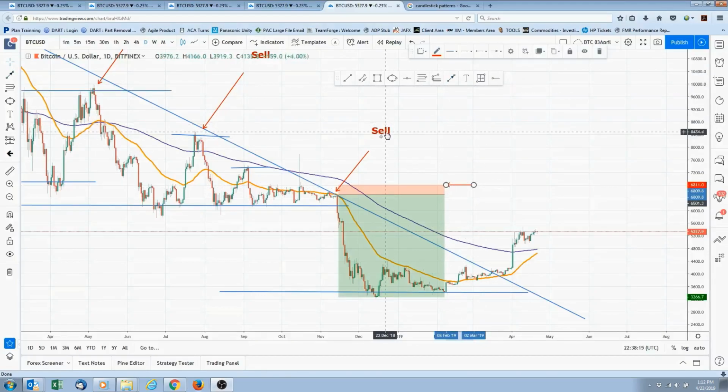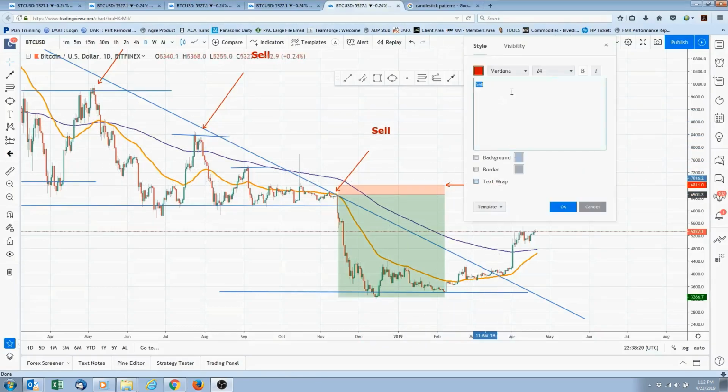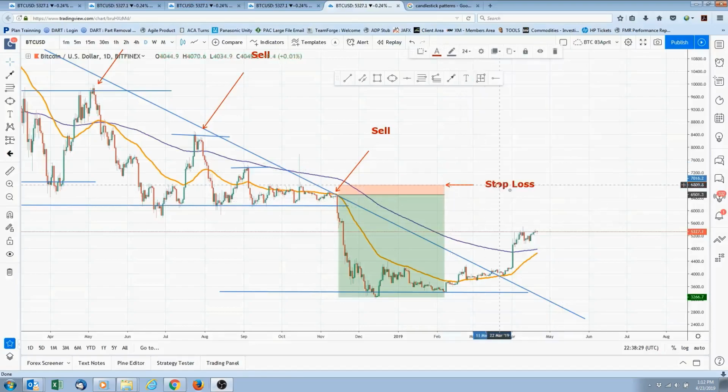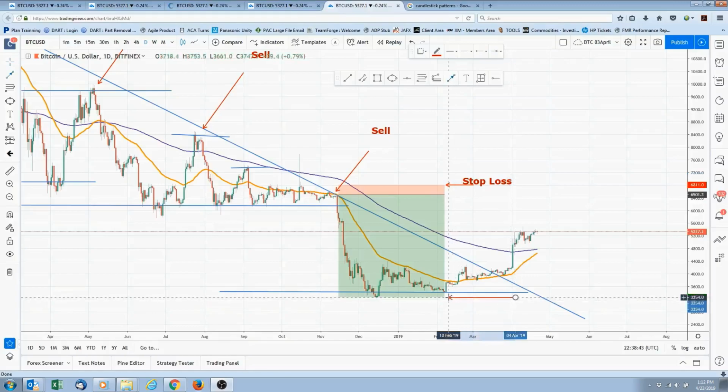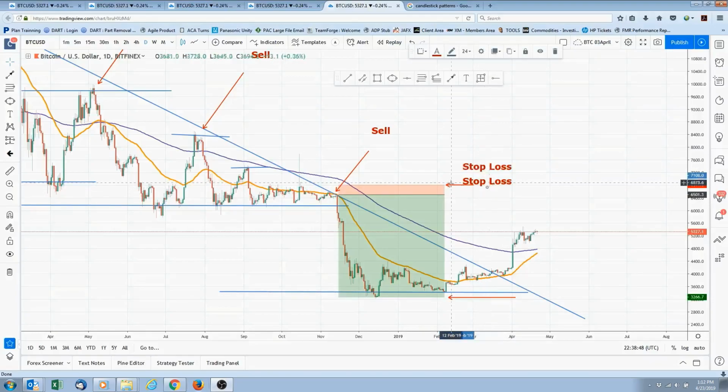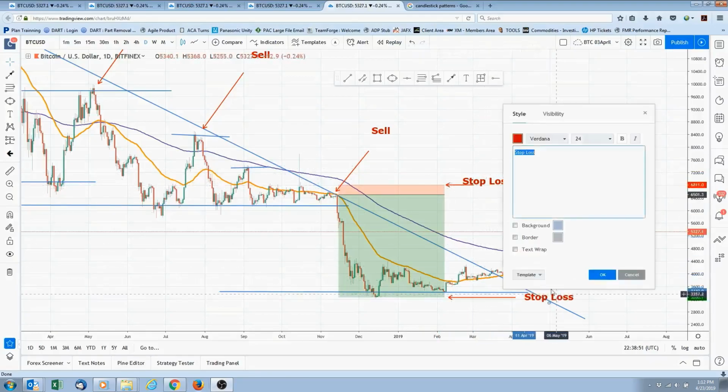Right here is what we call our stop loss. This is when the trade will automatically get closed. So we're going to say we risked $1. We would have made $10 once we close this trade. So right here is where we would close. Let me rename this: close trade.